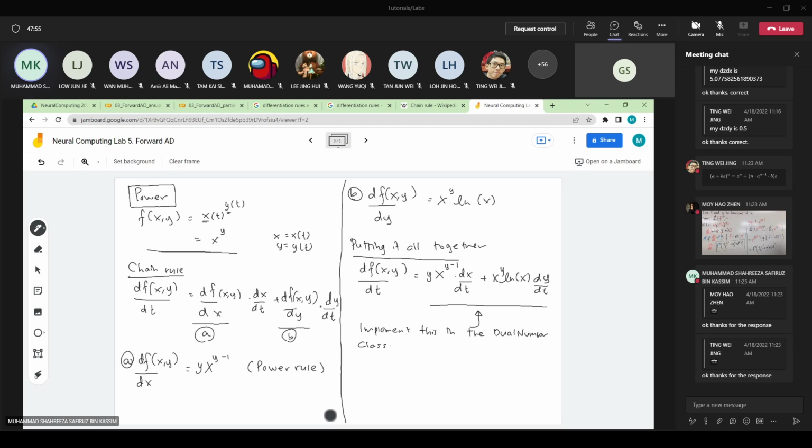I'll write here, exponential. When doing the power functions, we not only have to use the power rule, you also have to use the exponential rule, because of the chain rule. We want to find the partial derivatives with respect to t here.